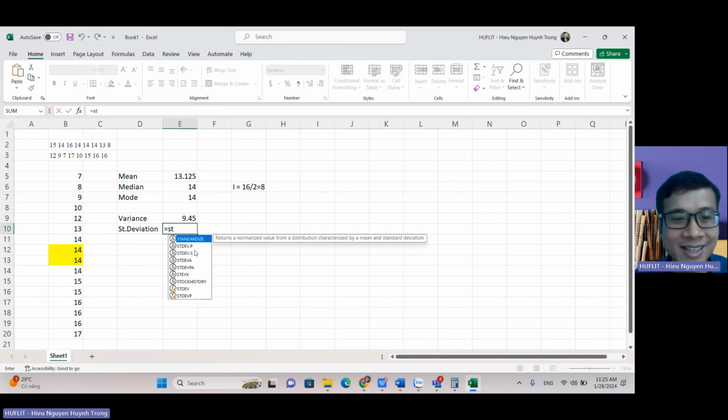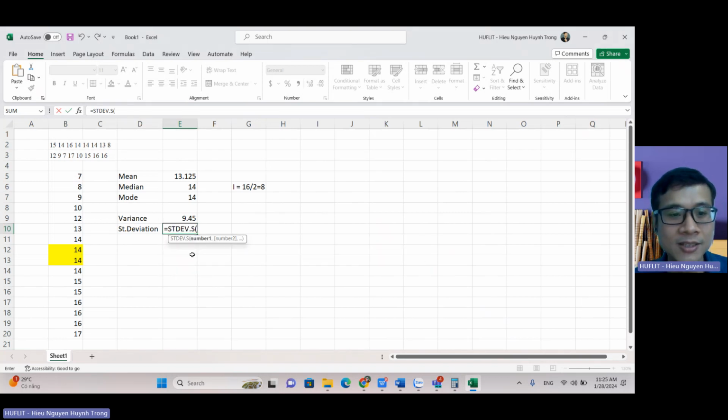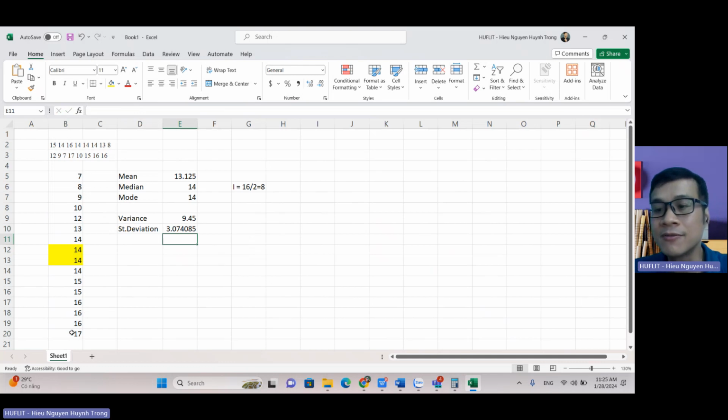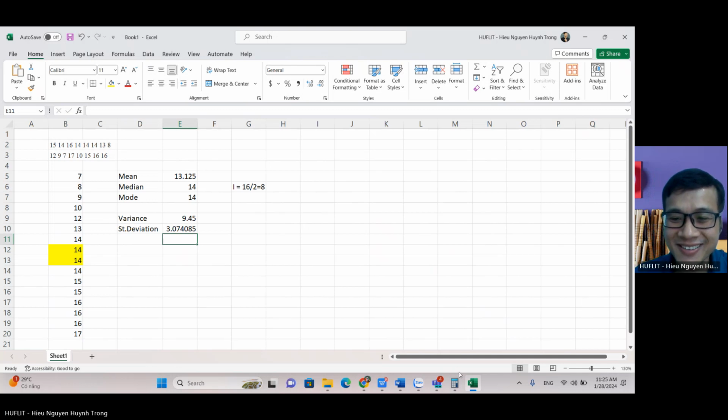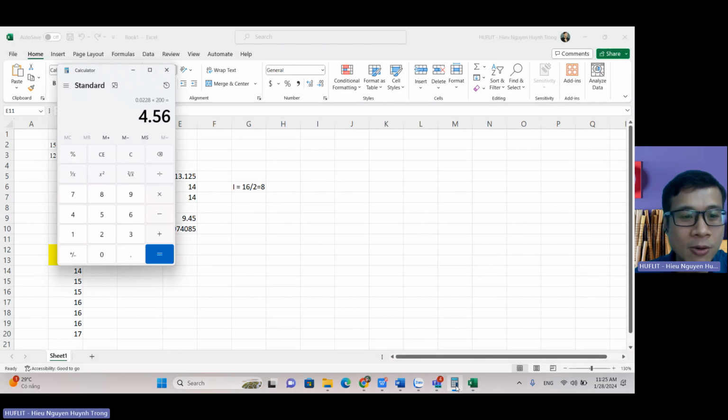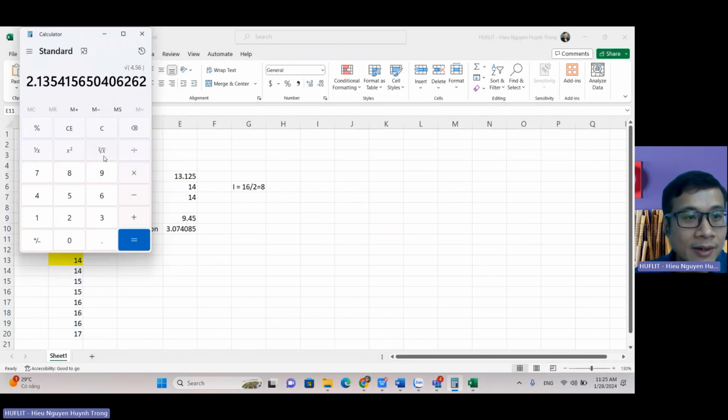You press STDEV, and it is a sample, so you should choose the dot S. Then you scan the data set again, close the bracket, and you have 3.07. Is it good? Up to this point, you can check the square root of 9.45.